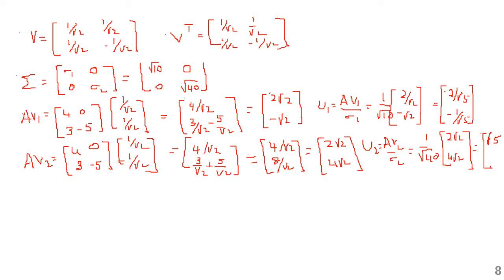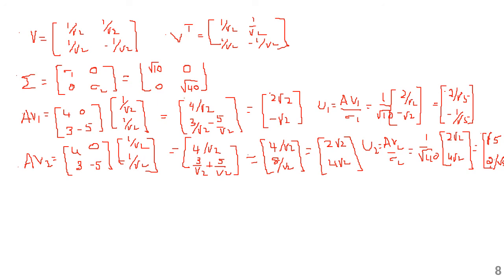Next case, it is 4 into root 2 divided by root 40. When I take 4 out, I get 2 into root 10, and when I simplify, I get 2 divided by root 5.